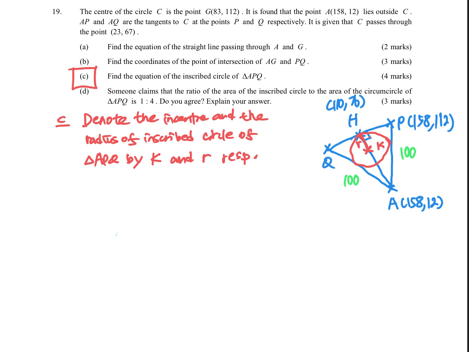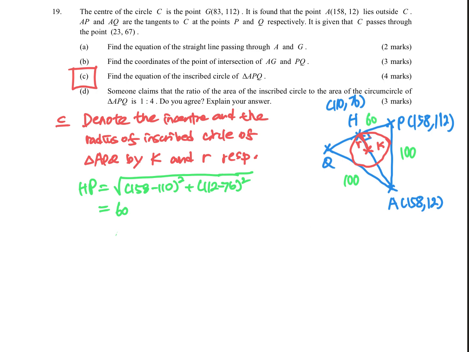Alright, so we have AP, we have AQ, so let's try to find HP. So HP using the distance formula, which is 60.